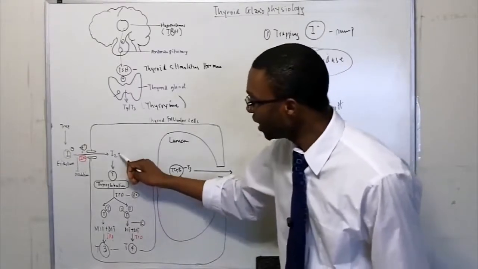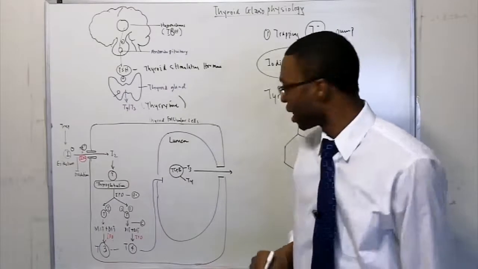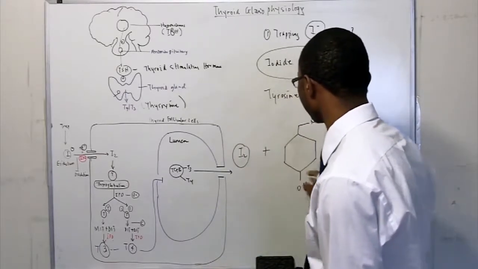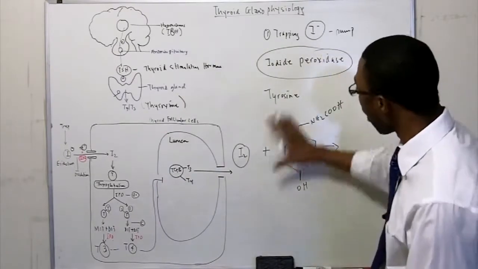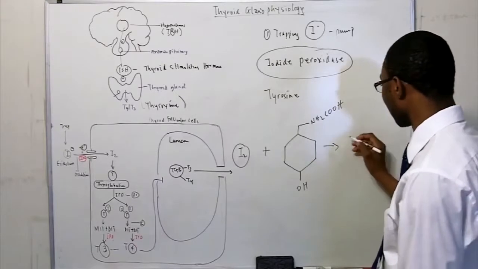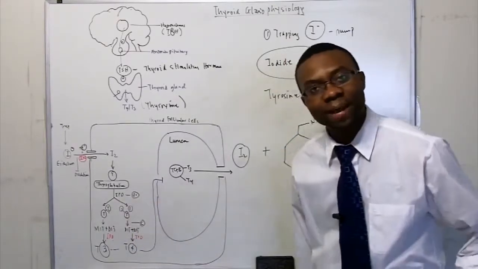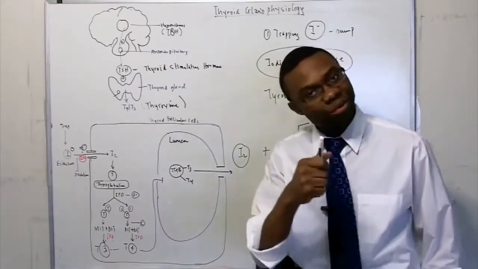Now, we need to add this iodine to this tyrosine. And all we have to do is take an iodine, right? And add it to the tyrosine molecule. And we're going to use this whole structure and make it a T. But what actually is happening is that process is also done by what enzyme? Iodide peroxidase. See how important that enzyme is?